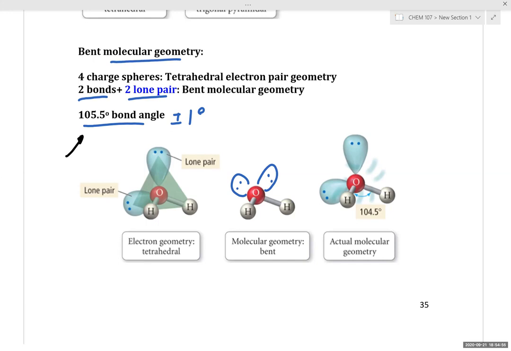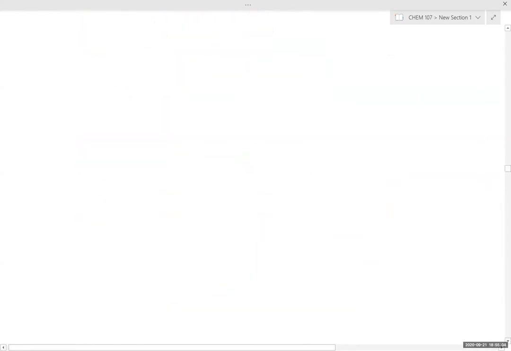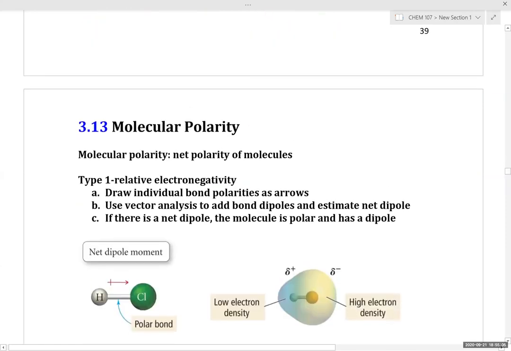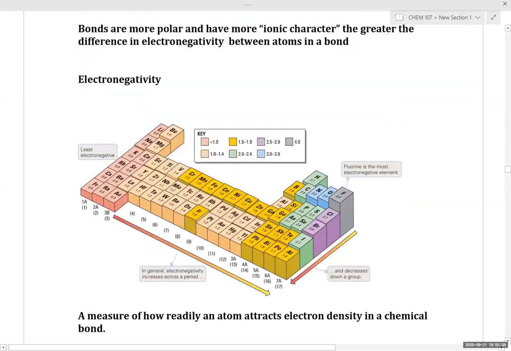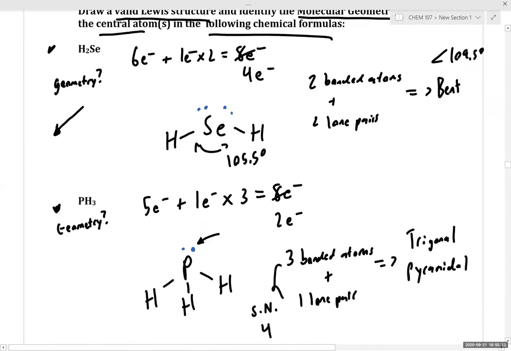Just real quick, Professor. So for that last example that we had, we did the 5 electrons plus 1 times 3 equals 8 electrons. So we just automatically assume that all the hydrogens have all the electrons there. We don't have to draw it out.